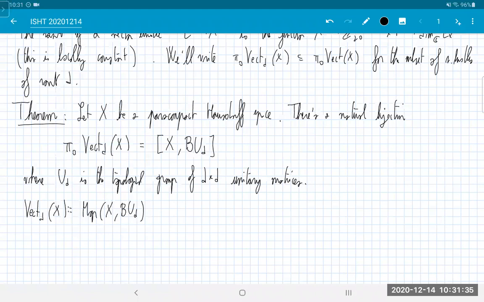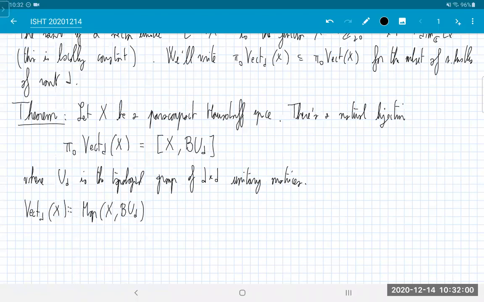But yeah, we are only going to do this. Oh, and I didn't say it, but all CW complexes are paracompact Hausdorff. So in particular, all geometric realizations of simplicial sets are going to be paracompact Hausdorff. So paracompact Hausdorff is very, very general. I think every metrizable space is paracompact Hausdorff.